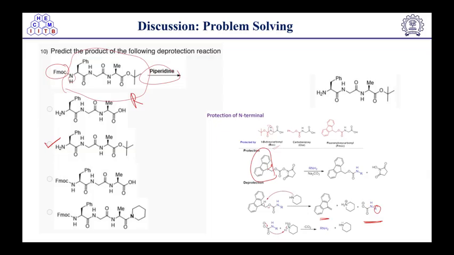Okay, after getting this one, what will be the next step? Then the protonated piperidine will protonate this one and CO2 elimination will take place. Lone negative charge will push here and it will get knocked out. CO2 elimination will take place and protonation will be done by protonated piperidine, and we'll get primary amine as a product.